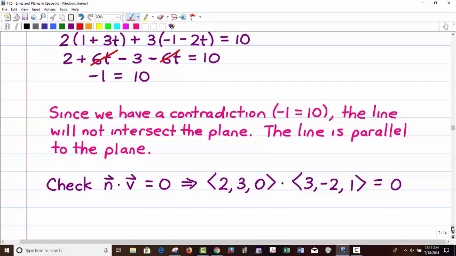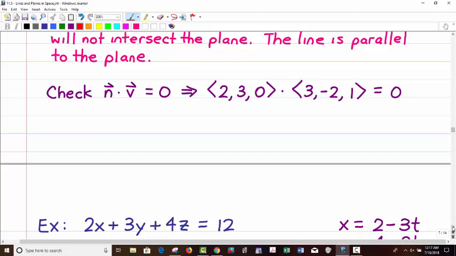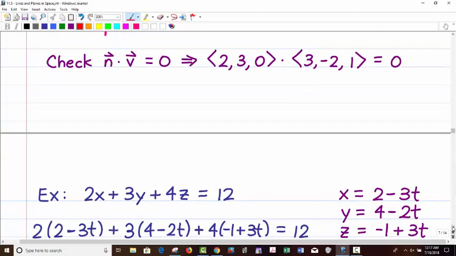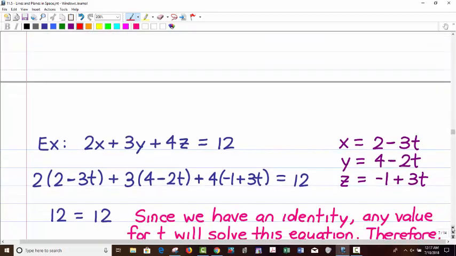Therefore, the normal vector of the plane is perpendicular to the direction vector of the line. That means the direction vector of the line is running alongside the plane. In this case, parallel. It could run on top of it and still be the same thing, but I don't think that was absolutely necessary. Once we could not solve for t, that guaranteed the line was never touching the plane. It had to be parallel.